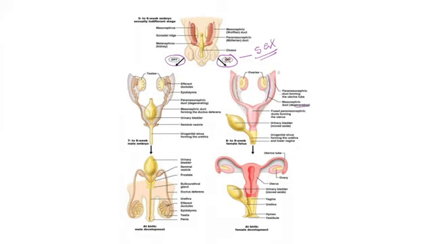So what happens then is the paramesonephric duct starts to form the uterine tube. As you can see here, the paramesonephric is the Mullerian duct. So your Mullerian prevails, we lose the Wolffian. So it goes away, it degenerates. So that's what happens in female.